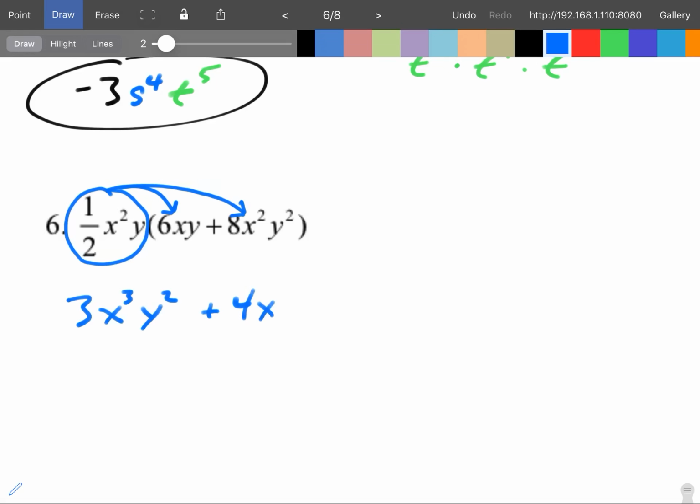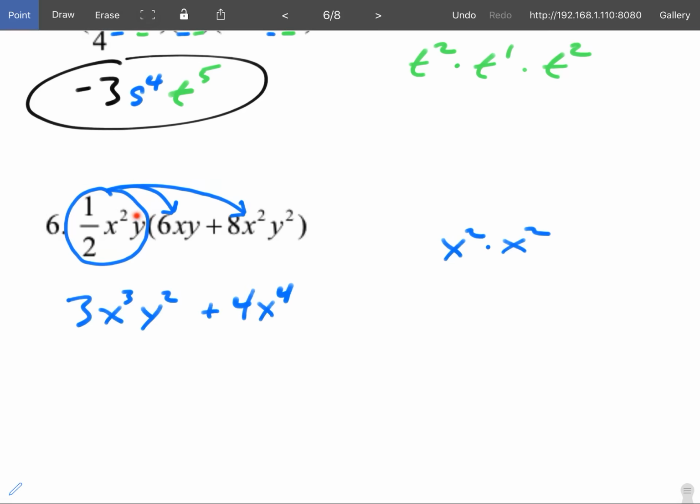So that's going to be x to the what power? You've got to add the powers. X squared times x squared, to the what power? 4. Good, yeah. That'd be the 4th.